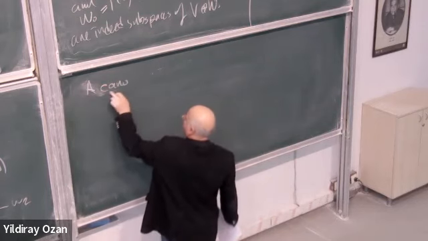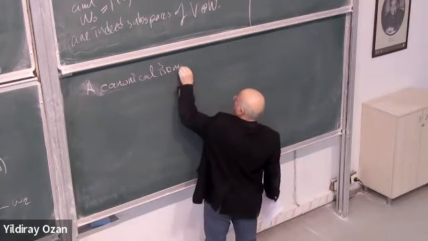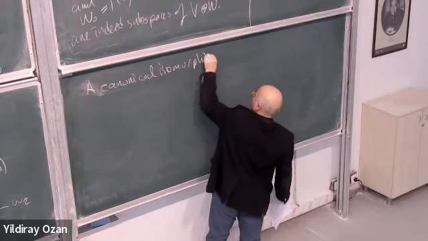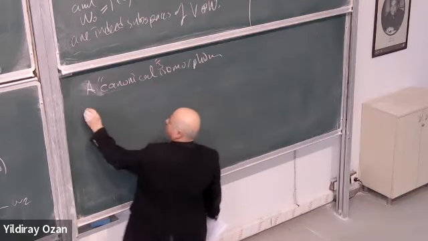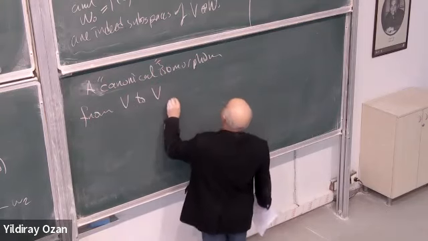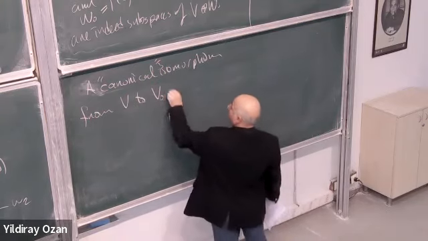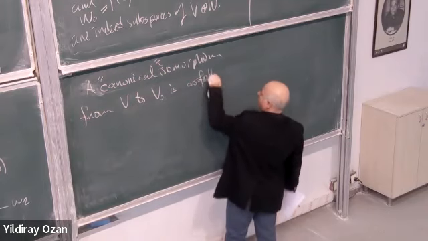I will explain what this means. Canonical isomorphism from V to V0 is as follows.